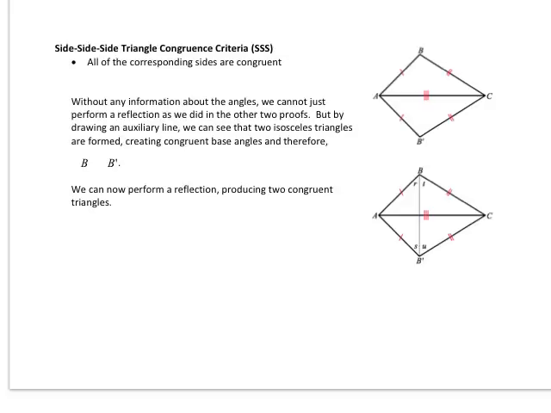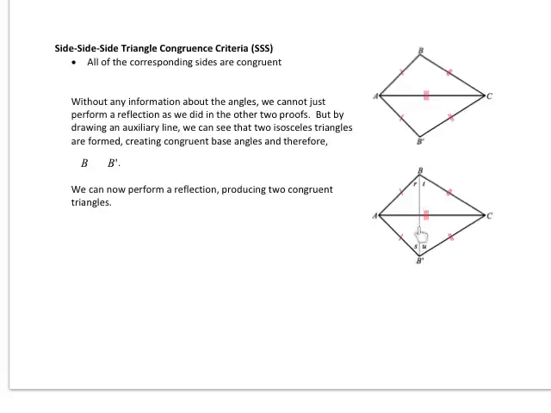For side-side-side congruence, I can again line up a congruent side. But since I don't know anything about the angles, in theory I can't just reflect over and say that B is going to map to B prime. But if I draw an auxiliary line, then I have an isosceles triangle over here, so this angle matches that one, and an isosceles triangle over here, so this matches that.